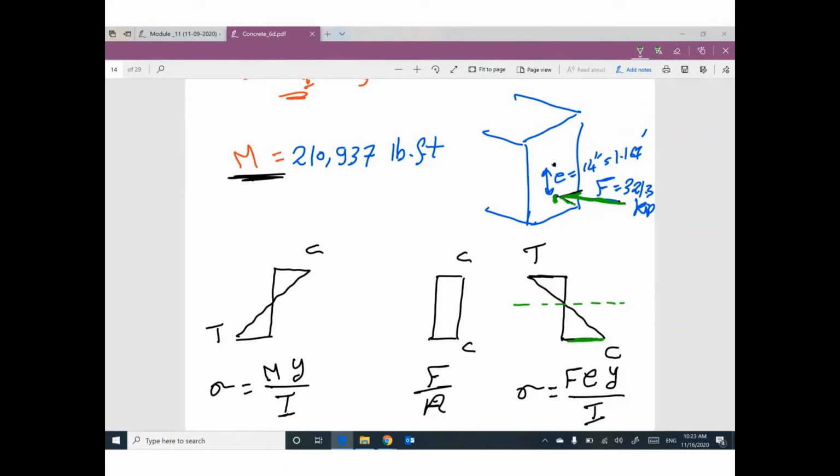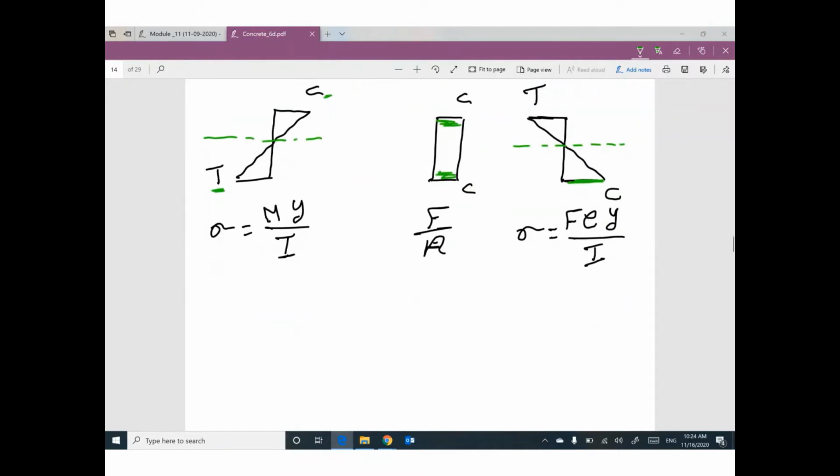That makes sense? This moment coming from the effect of unweight or effect of external load. What do you think? I believe the external load will make tension at the bottom and compression at the top. So we have tension and compression. So make sure you didn't confuse. And this effect is compression because we assuming this force acting at this centroid.